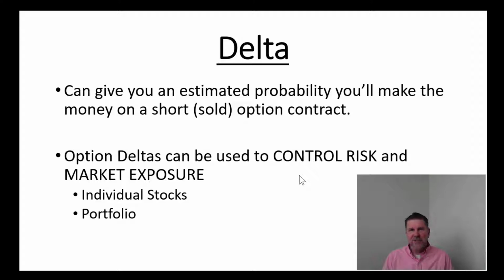We just use the inverse of the delta. Option deltas can be used literally, ladies and gentlemen, to help you control risk and market exposure, not just in individual stocks, but in an entire portfolio. This delta is literally a money manager's best tool, I think.